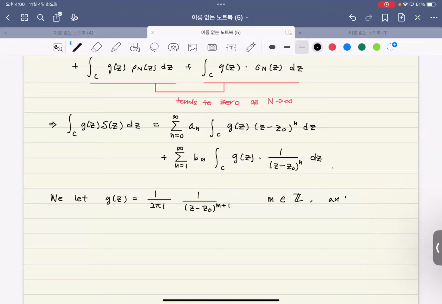And also we let C be a closed curve, positively oriented and enclosing the center z0, and contained in the annulus.